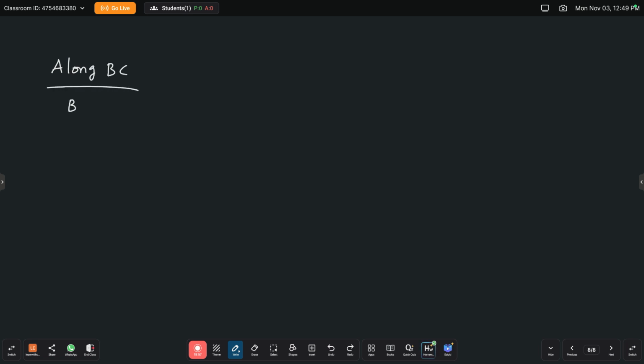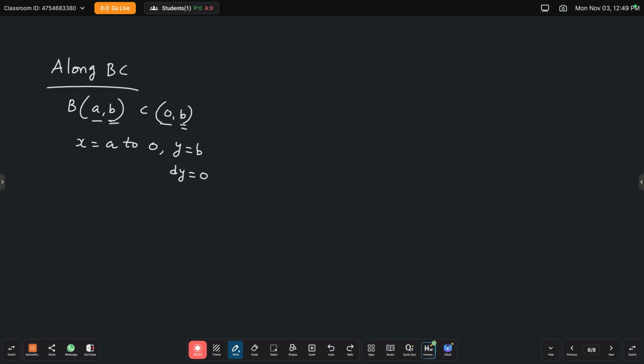First write the coordinates. What are the B coordinates? a comma b. And what are the C coordinates? C coordinates are 0, b. So if you observe the coordinates, x is taking values from a to 0 and y is taken as b. So y is a constant, and its derivative becomes 0.